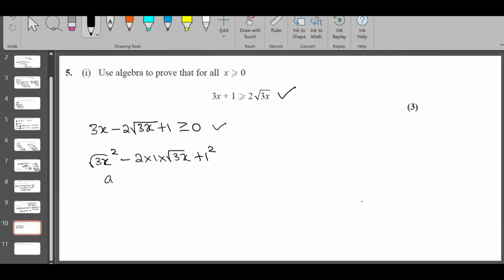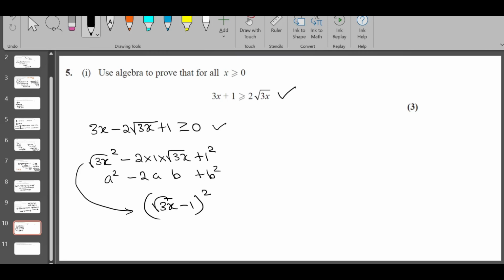Does it look like a square minus 2ab plus b square? I did not put this symbol because that's what we are trying to prove. Okay, so this can be written as a minus b whole square.